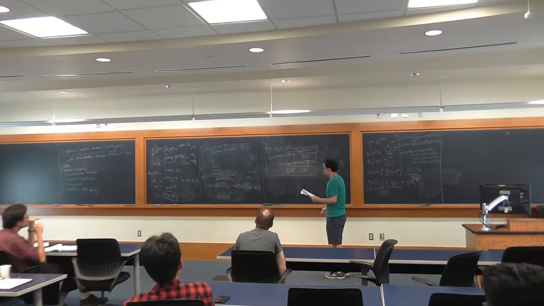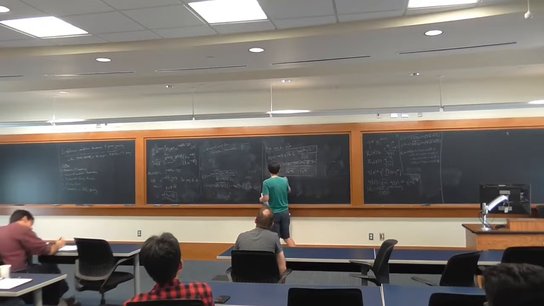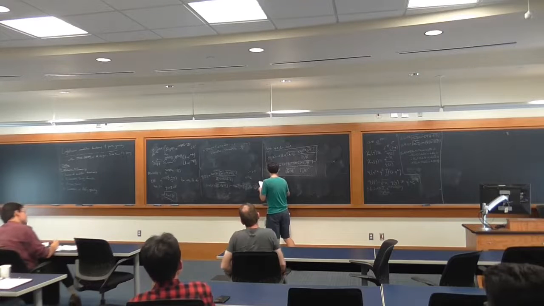So let's take the very interesting regime of limits where I take j very large, but I take the twist to satisfy the following equation.